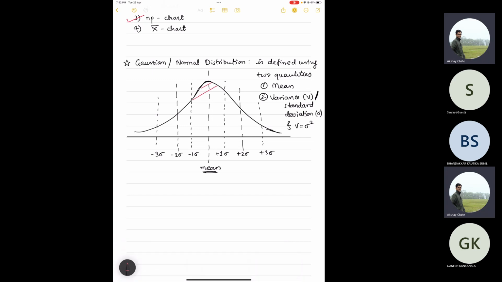If you take 1 sigma deviation, which means +1 and -1 sigma around the mean, it includes 68.2 percent of all data points.